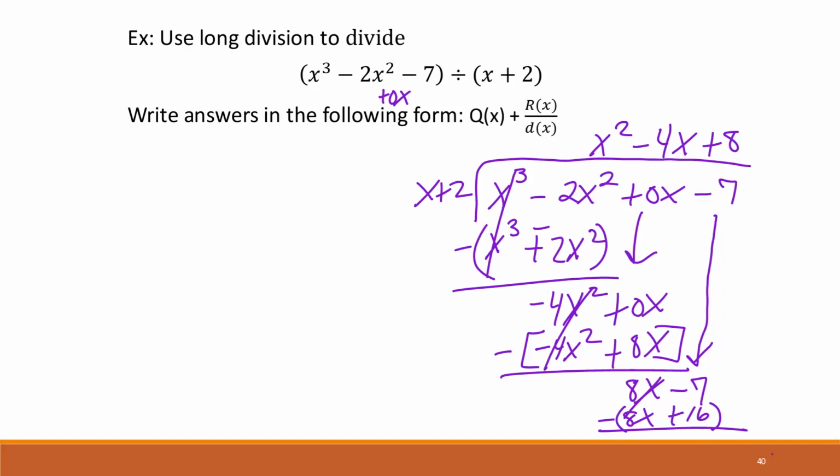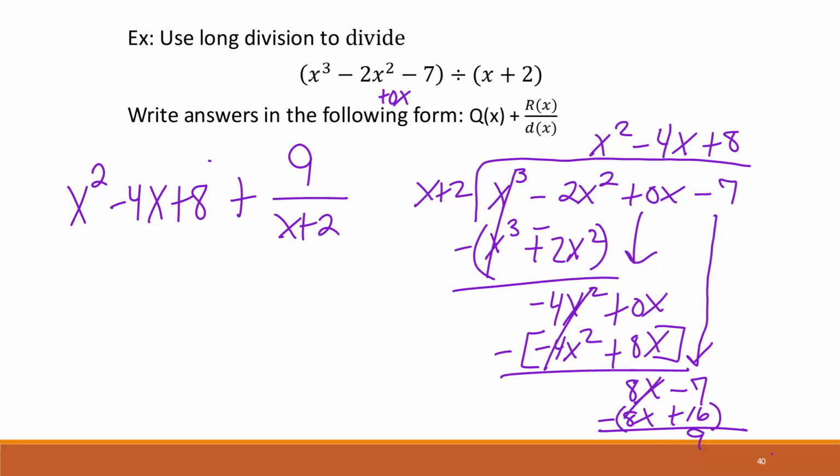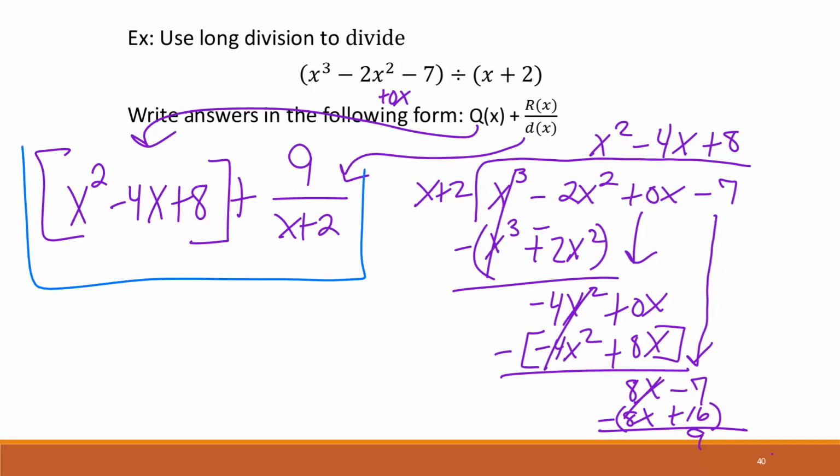So we get a 9. So our final answer here is we have our quotient, x squared minus 4x plus 8, plus, then we have to take our remainder, 9, and put it over our divisor, x plus 2. So you can see that this is the quotient part, and this is the remainder plus divisor part. And so that whole thing is our final answer.